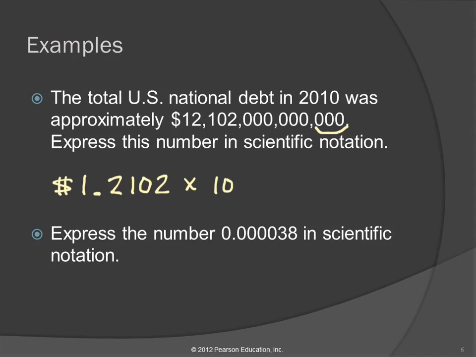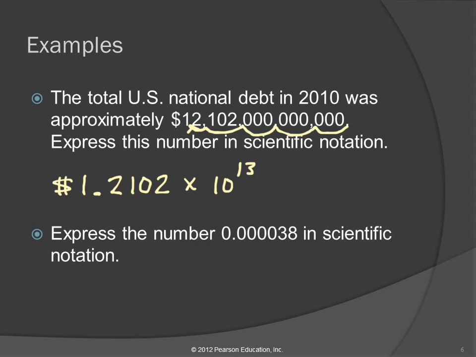Well, 3, 6, 9, 12, 13. Right? 13 places. That means the exponent is 13. Is that a big number? Yeah, it's a huge number. Positive exponent. So that's the number in scientific notation.